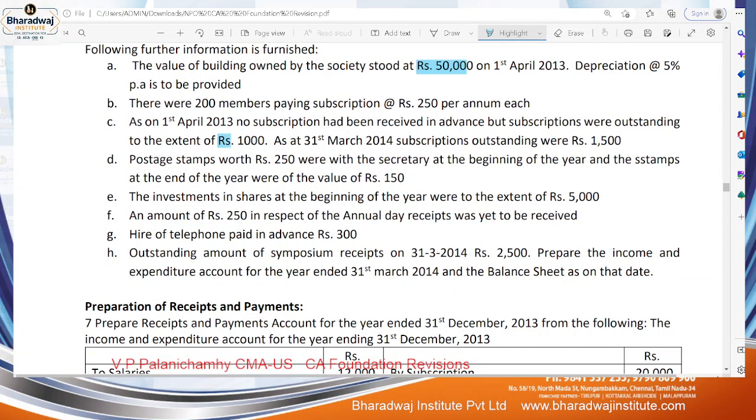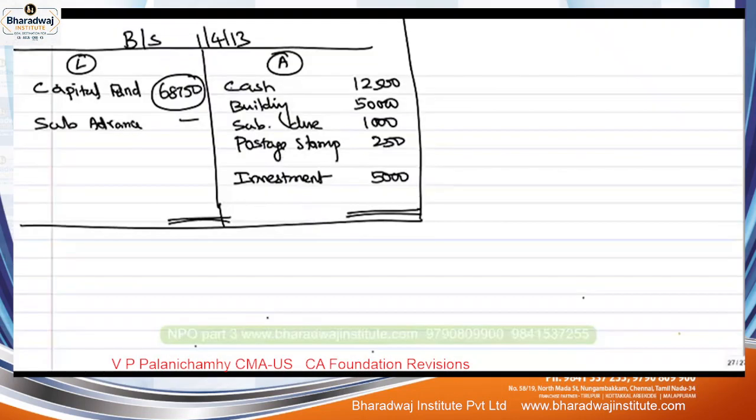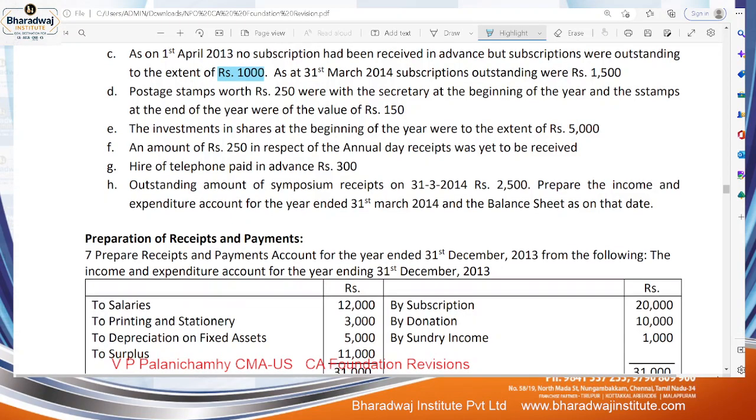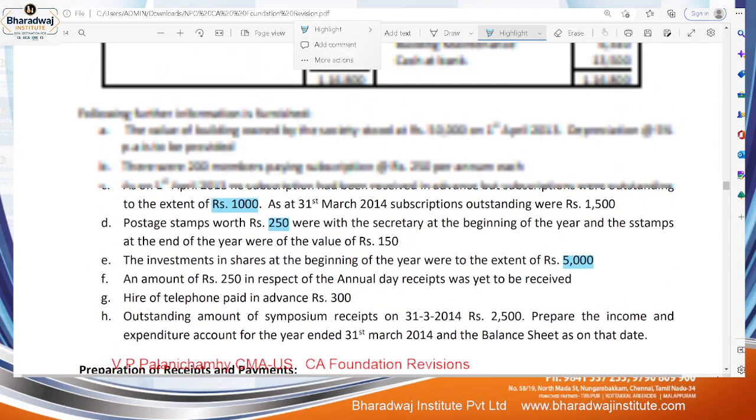How much opening balance subscription due is given? 1000 is given. Then how much postage stamps at the beginning of the year is given? 250. Then investments at the beginning of the year, how much is given? 5000. So all information is not given in one place.